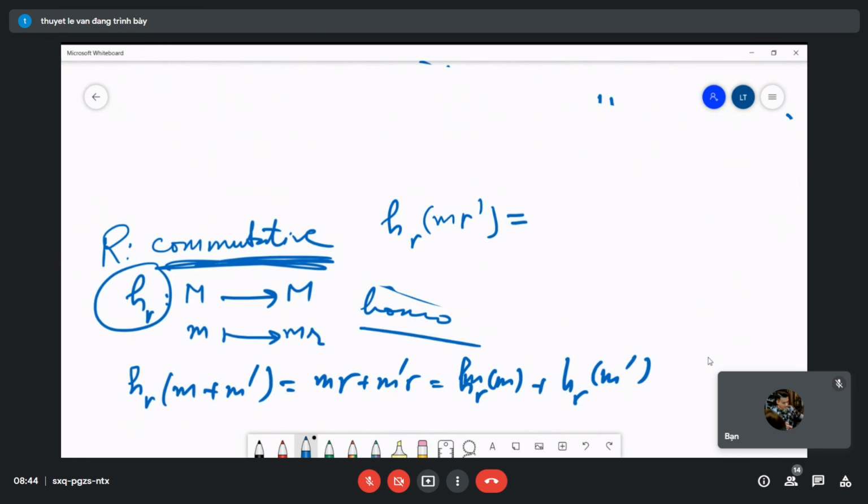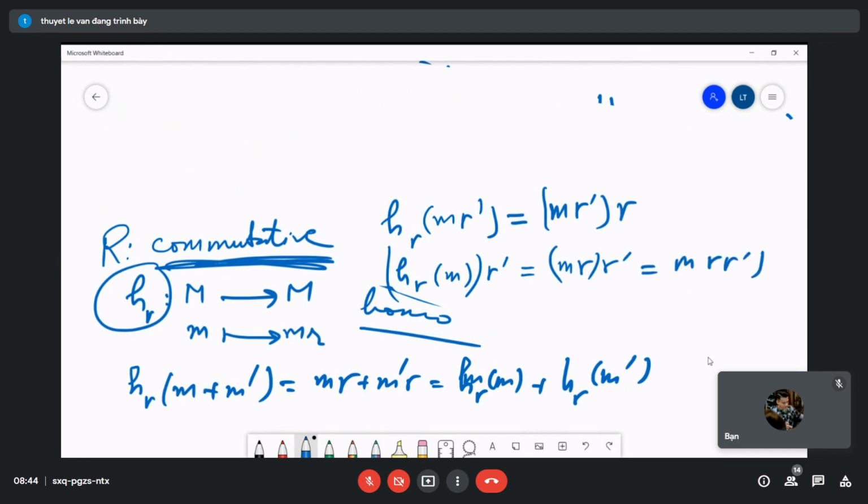Here is M times R prime, and then R. But you take H_R of M and then R prime, that is equal to M R and then R prime, which is equal to M R R prime, and here it is equal to M R prime R. So if you want this one to equal this one, same as I said to you on the first day, R should be commutative.